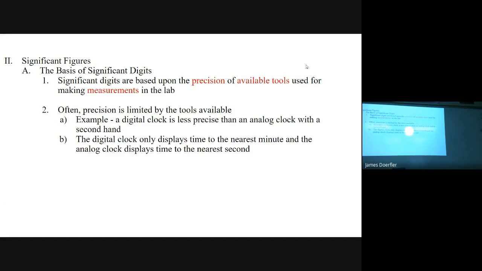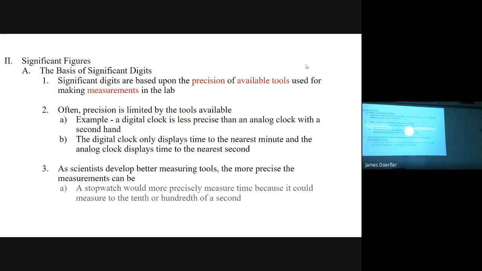With an analog clock like this, you're actually getting even more precise. You're getting to the nearest second. So you're getting into smaller fragments of time using an analog clock, so you can have a more accurate description of what time it is currently. As scientists develop better measuring tools, the more precise the measurements can be.